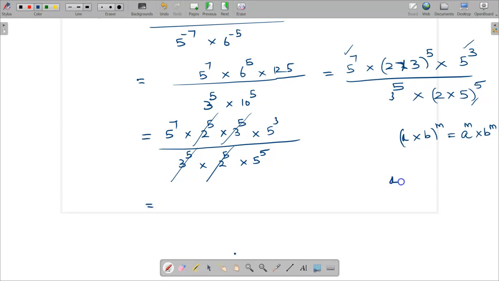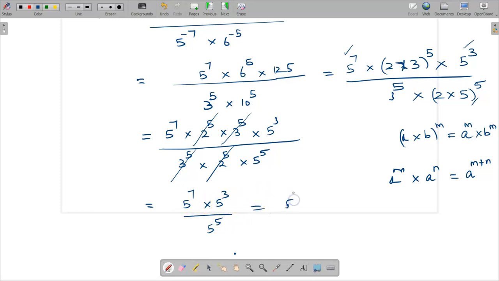Using the law of exponents, a power m into a power n: if I have the same base but different powers, I can add the powers, a power m plus n. So I have 5 power 7 into 5 power 3 divided by 5 power 5. These two terms I can combine.